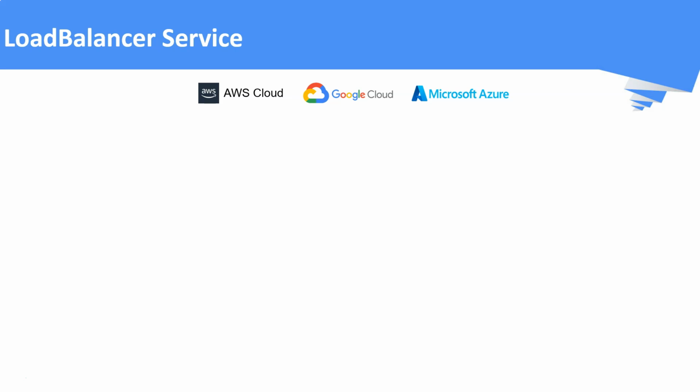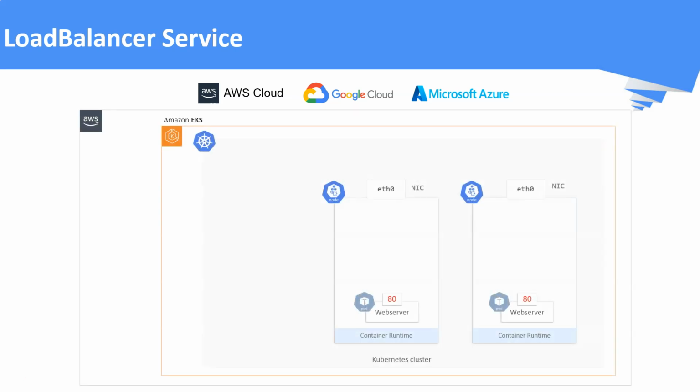For this example, we will take AWS for understanding the Kubernetes load balancer services. Assume that we are running our Kubernetes cluster in AWS using EKS, that is Elastic Kubernetes Services. EKS is the managed Kubernetes platform offered by AWS for running our Kubernetes workloads.